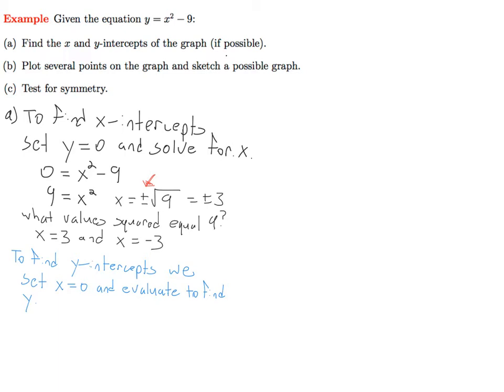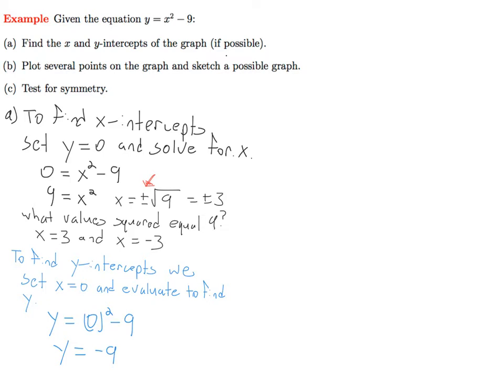So in this case, I have y is equal to, in place of x, goes 0, minus 9, so we get that y is equal to minus 9.